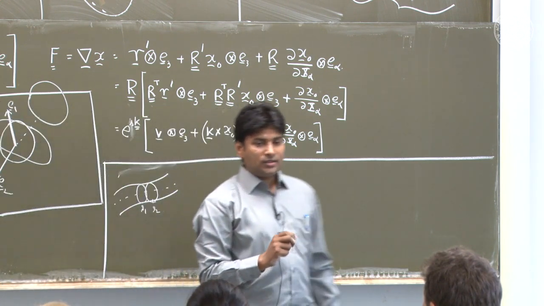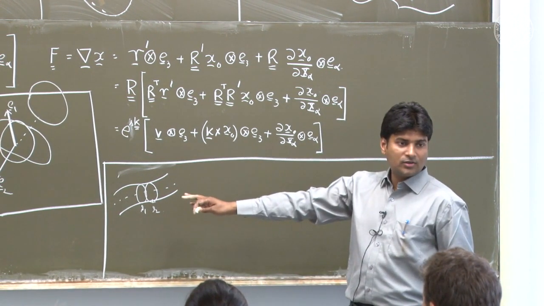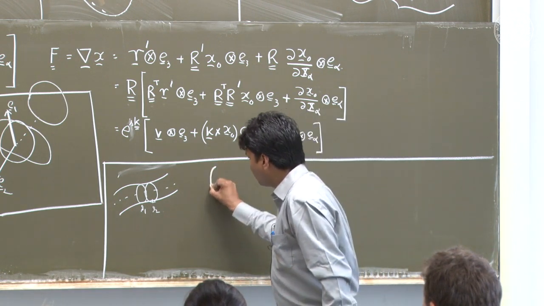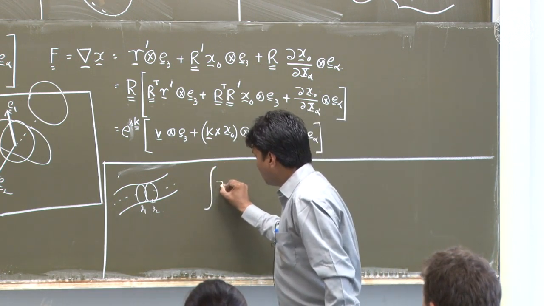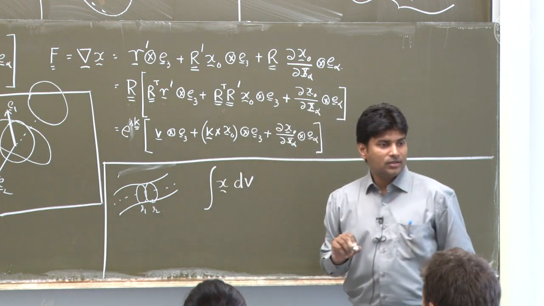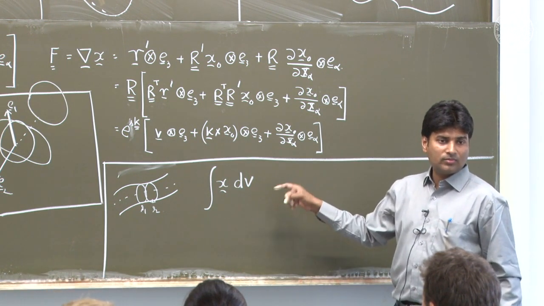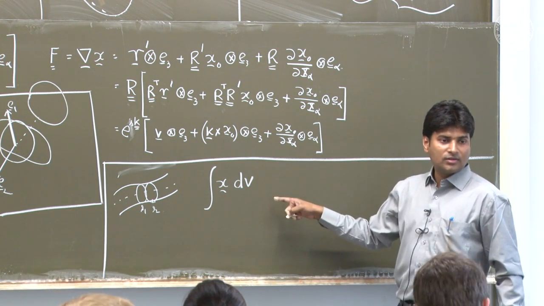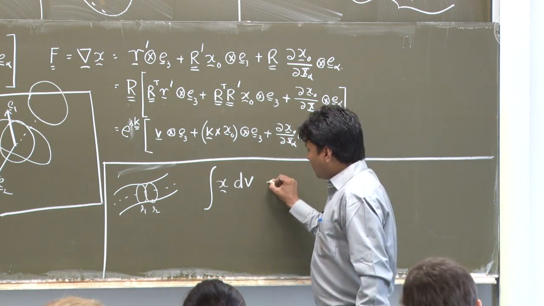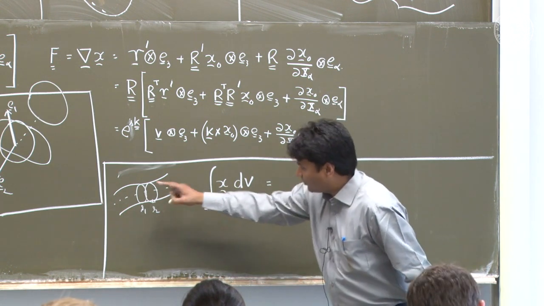So, where is the centroid of this segment? The centroid of this segment will be simply little x dV, isn't it? Where dV is the deformed volume, right? And the domain is the deformed volume.